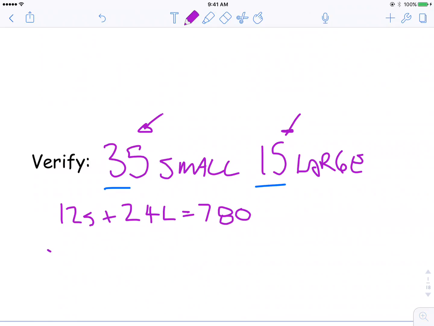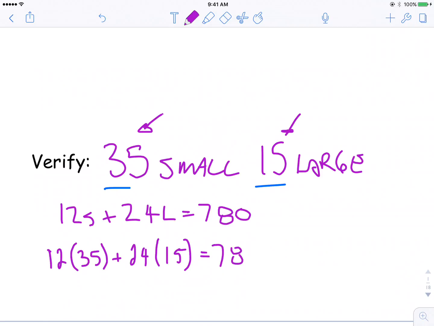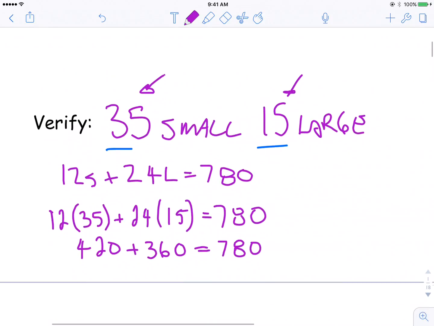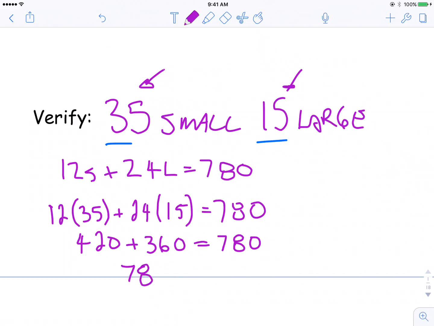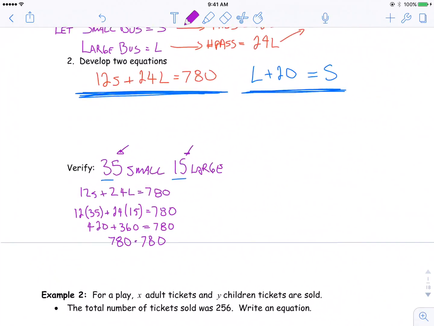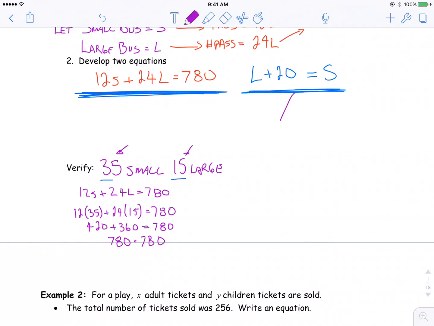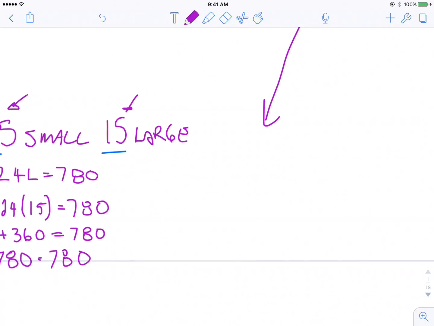So this looks like 12 times 35 plus 24 times 15 equals 780. This works out to 420 plus 360 equals 780. And 780 equals 780. Now, it works for that equation, but I haven't verified yet because I have a second equation that I also have to test.